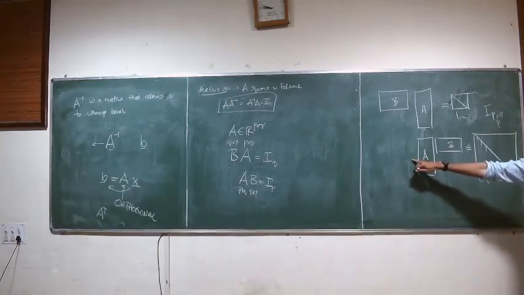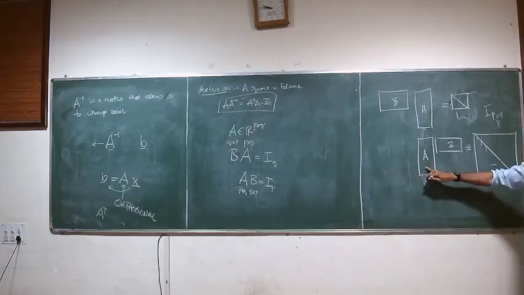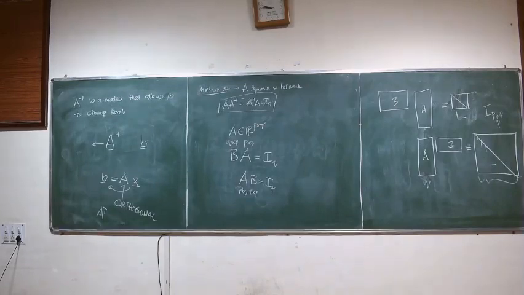Q is less than P. That means if I have A, everything I can produce comes from a Q dimensional subspace of RP. I cannot produce anything outside. That means it's impossible for me to produce something outside of this Q dimensional subspace. That means I cannot produce IP.